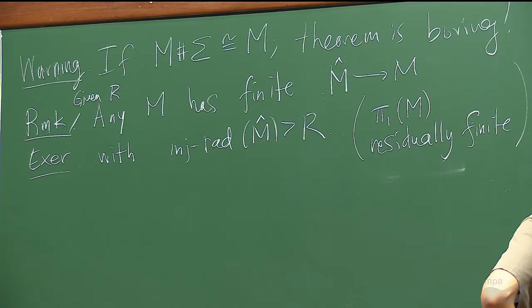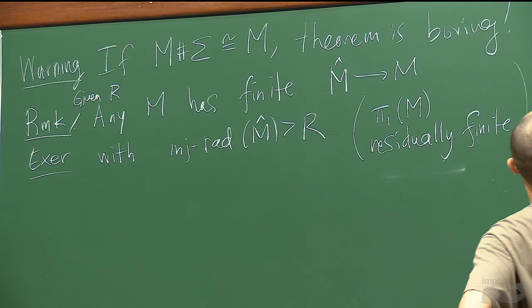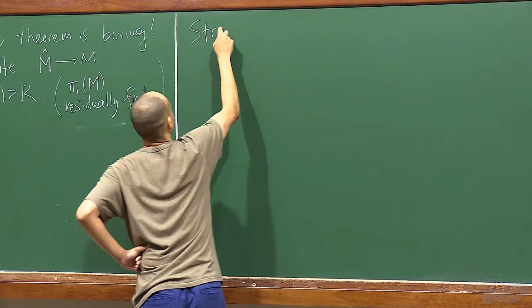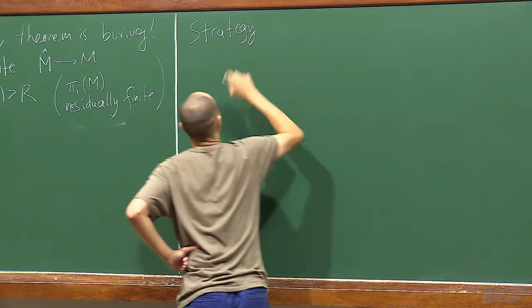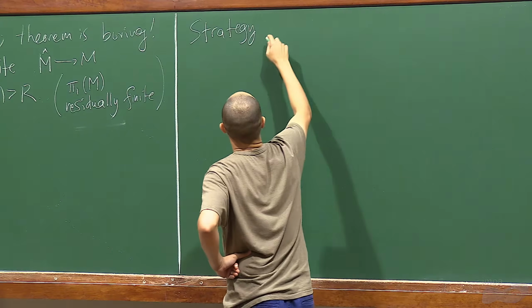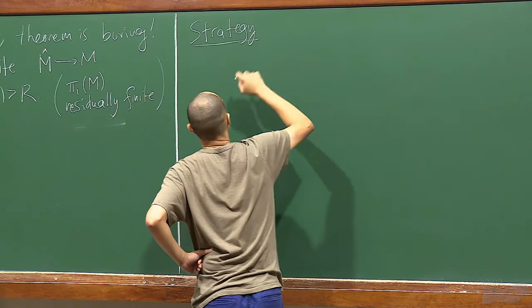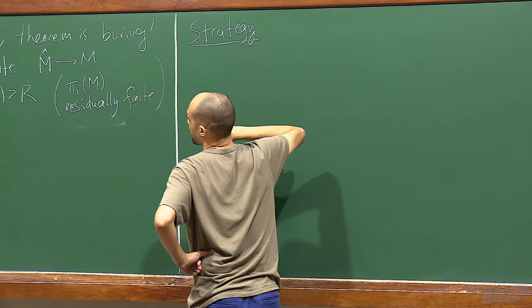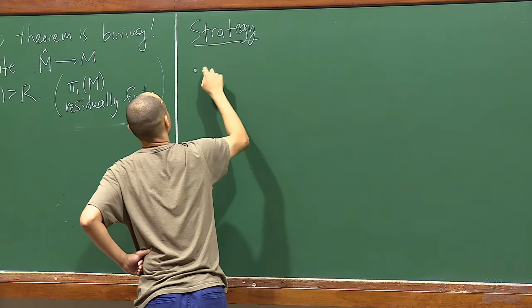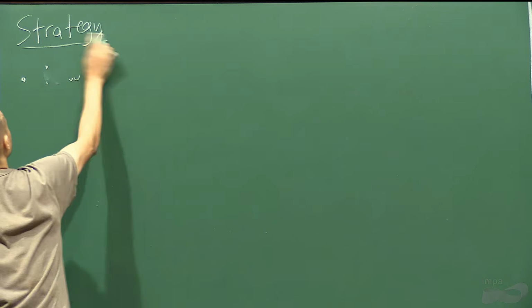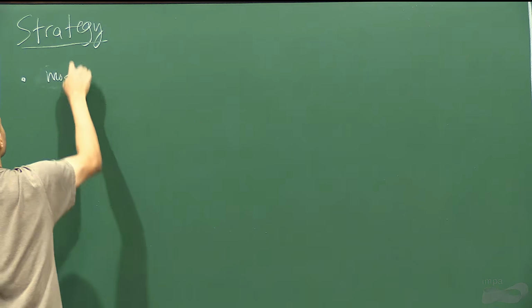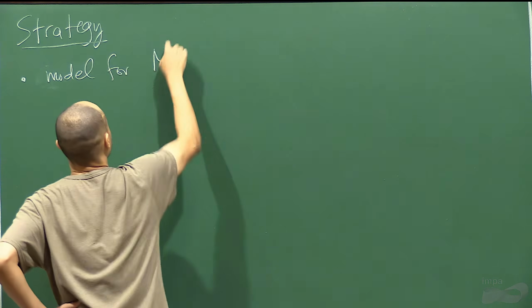Now let me start by informally discussing the strategy, which begins by choosing a particular model for M connect sum sigma.